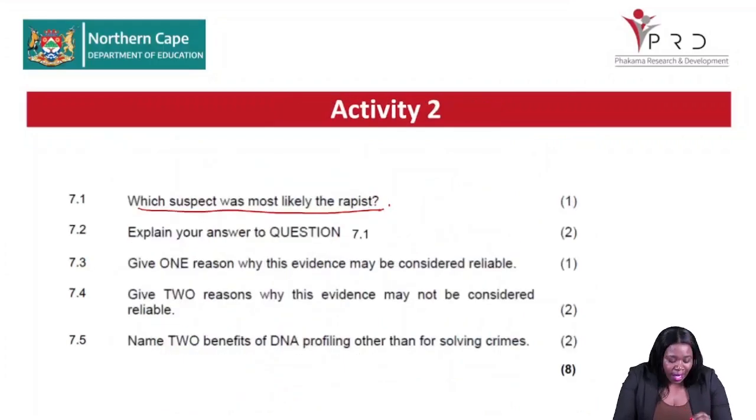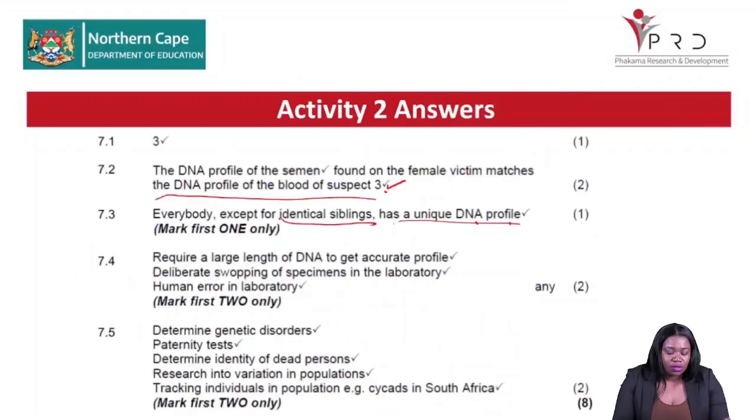this is reliable information. Okay, 7.4, give two reasons why this evidence may not be considered reliable. So why can we say that this is not reliable? There are some things that can cause this to be unreliable. Now, these profiles are done by humans in the lab, right?